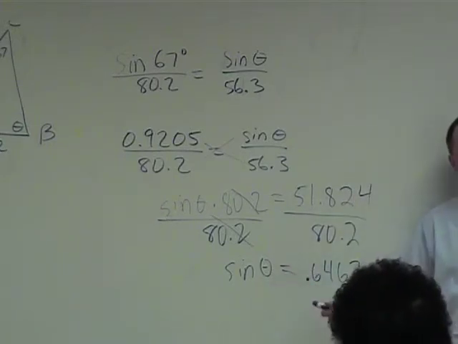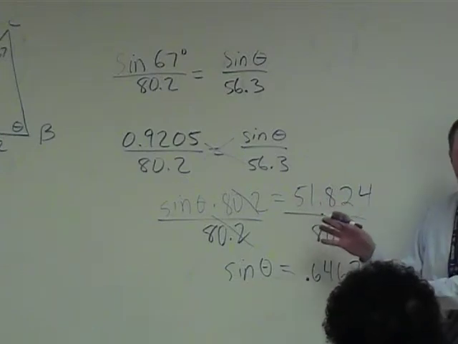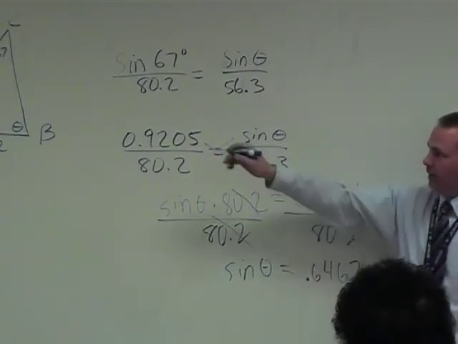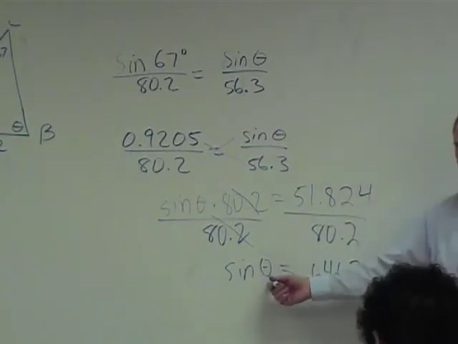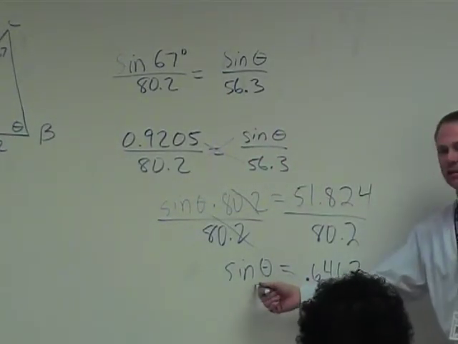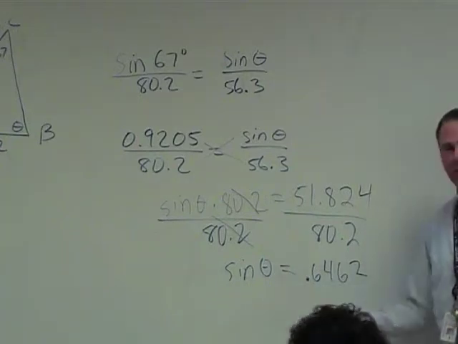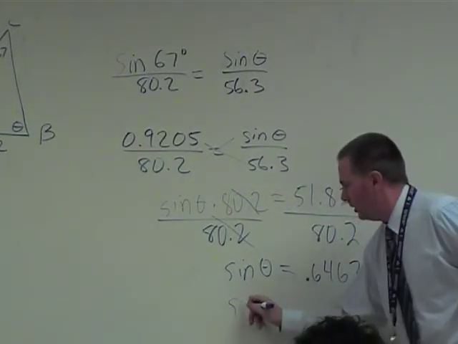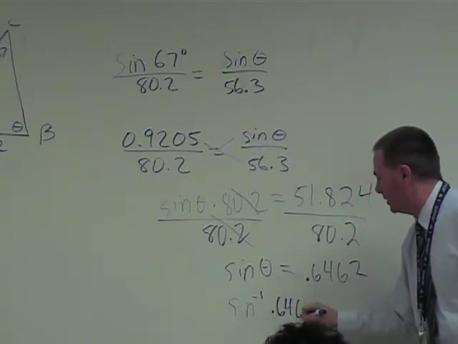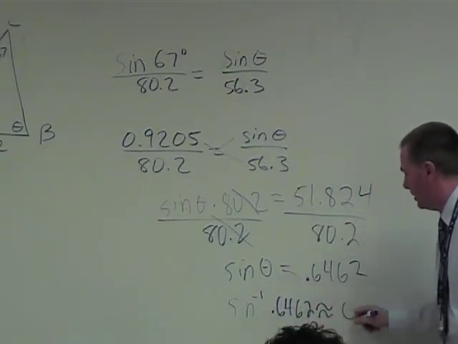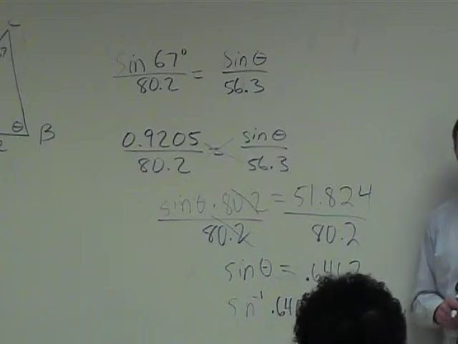You're not done though. So you'd be done on a typical problem, except now I want you to know the degree. To find the degree, this is what you learned yesterday. Don't I take the inverse of this and just switch these two numbers? So the inverse, or the arc sine of 0.6462 on your calculator is going to be my degree.